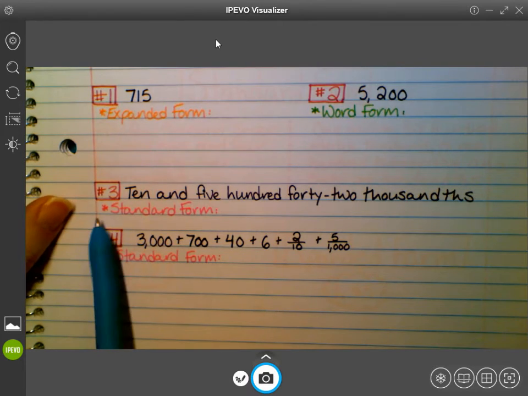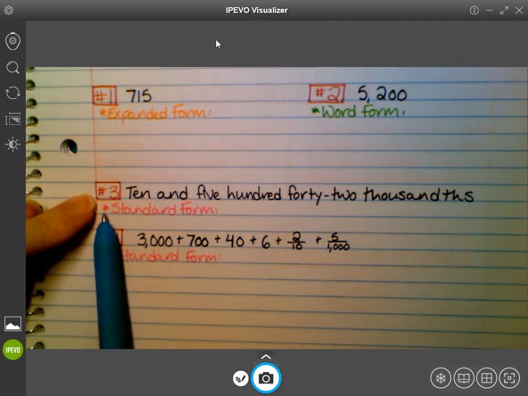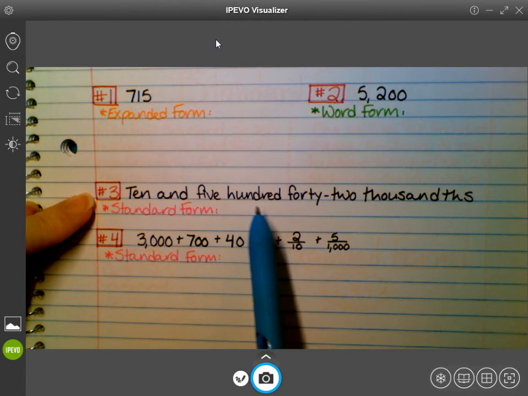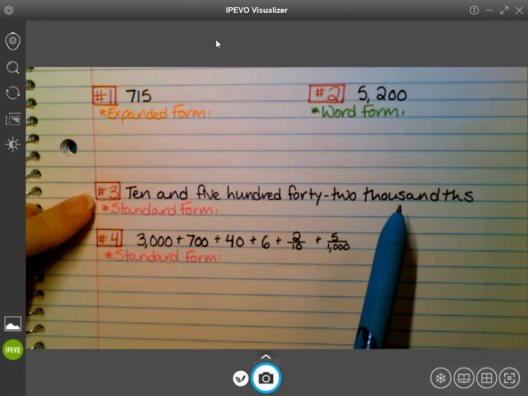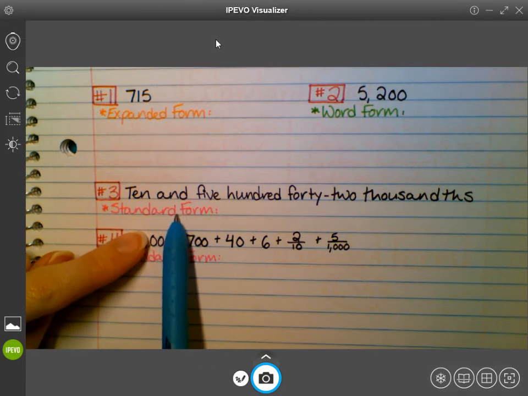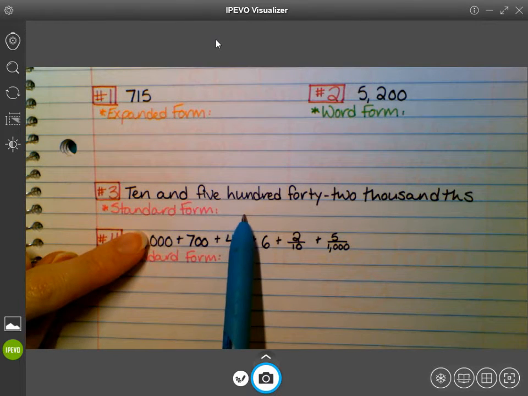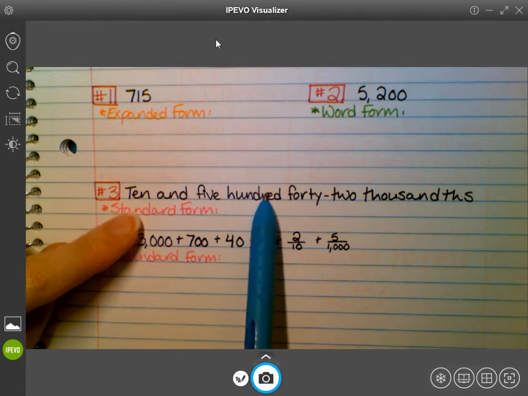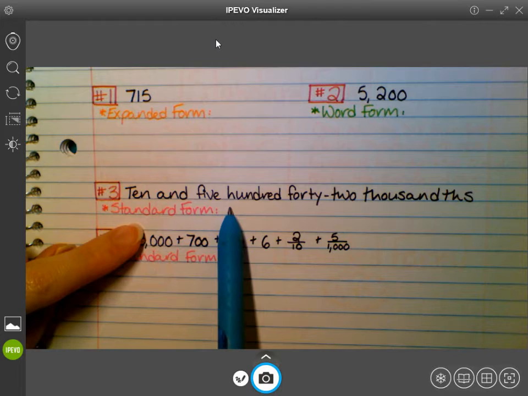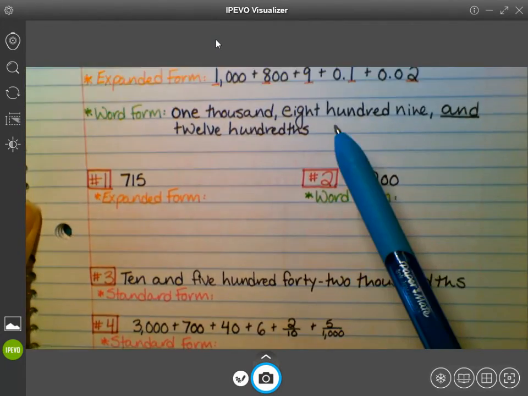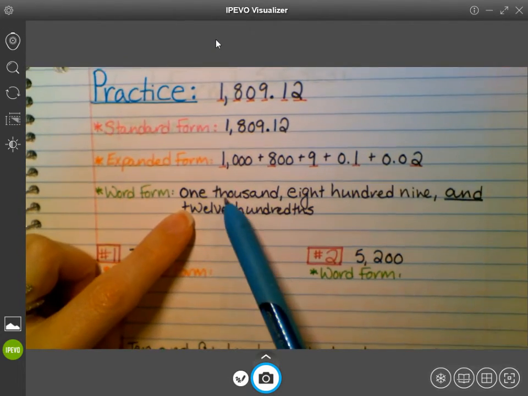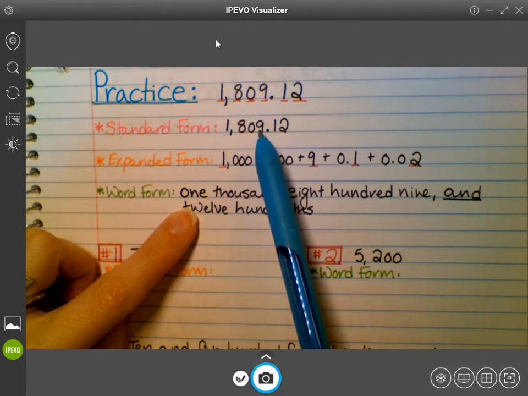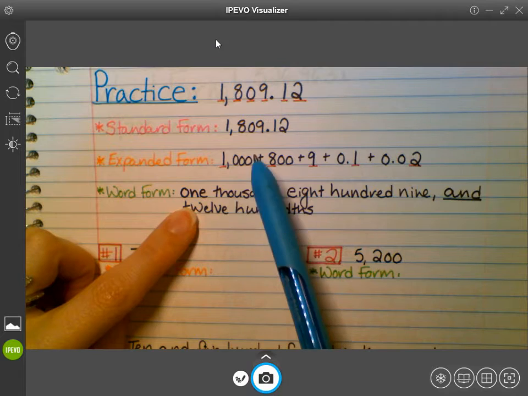Then, number 3, you are using 10 and 542 thousandths, and you were supposed to write that in standard form. That's word form. So, Jack, you're using this word form to write it in standard form. So if we look back up top, if you were given this number, this is word form, and then if you were to write it in standard form, it would look like that. So you're going from this to that.